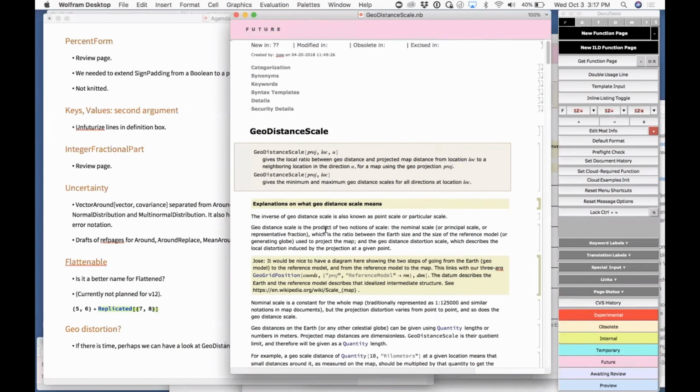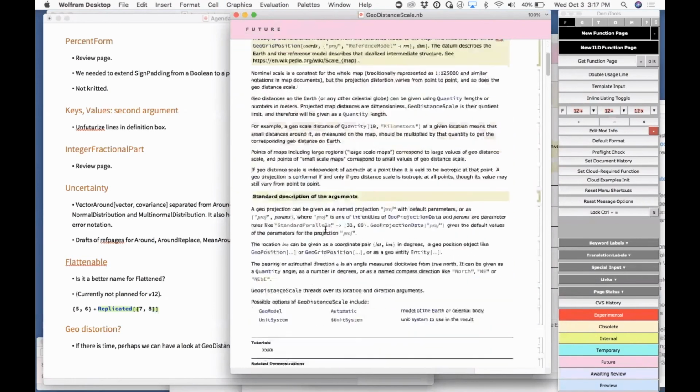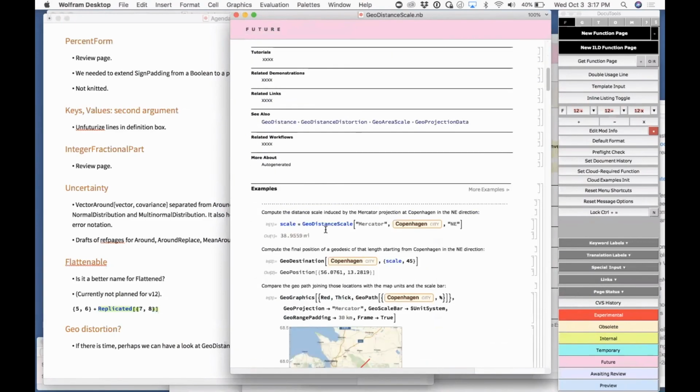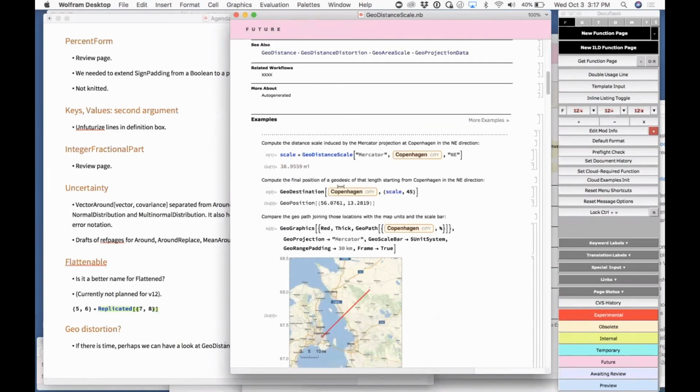So the concepts here are clear. There is one little thing which we need to discuss, which is this is a quotient, and we need to decide whether it's one way or the inverse. Because the way this is typically done in cartography is in the way in which large-scale maps correspond to small scales, which is horrible.